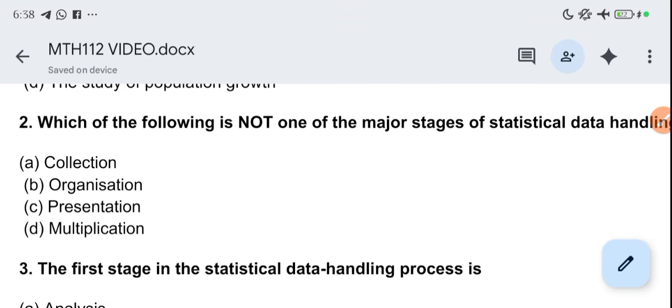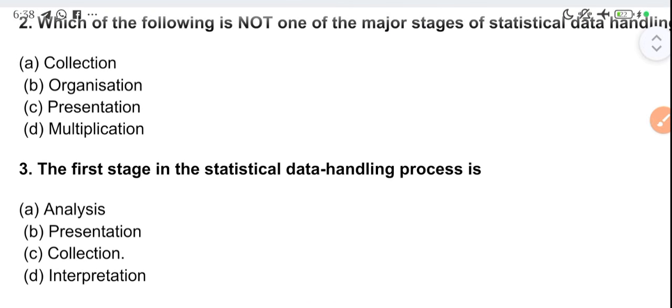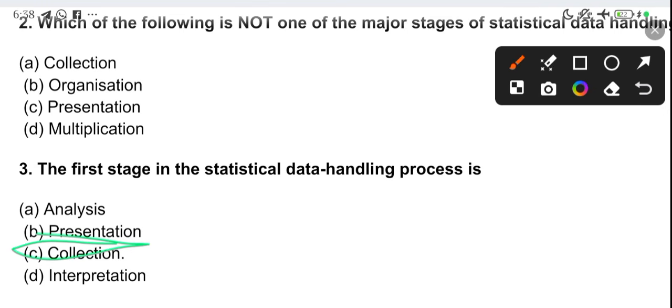Now, one thing I take note of is that you'll be seeing a lot of questions like these in MTH112, especially questions that will be treated in the next 10 to 20 questions. Question 3: the first stage in the statistical data handling process is collection. Of course, the first thing you need to do is to collect your data.